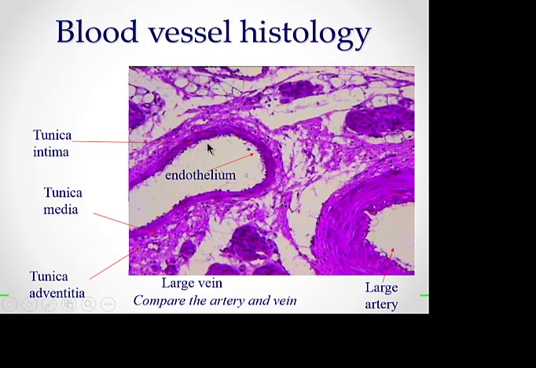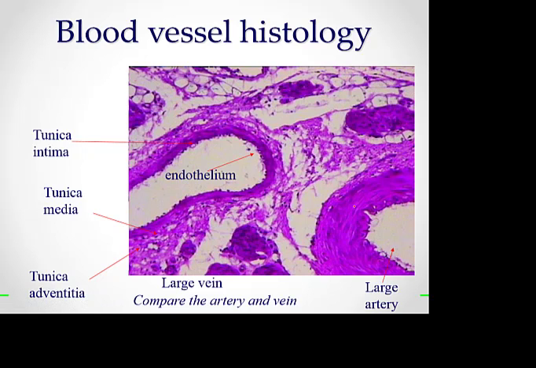Here, this is showing you a picture of an artery and a vein. This inner layer is the endothelium. You can see the nuclei of the squamous cells. So this is part of tunica intima. This is the endothelium of an artery. We're only seeing part of it. This is the muscle layer, which is tunica media.